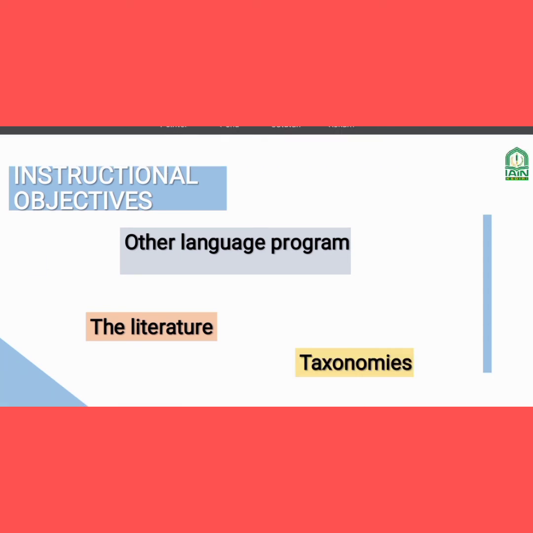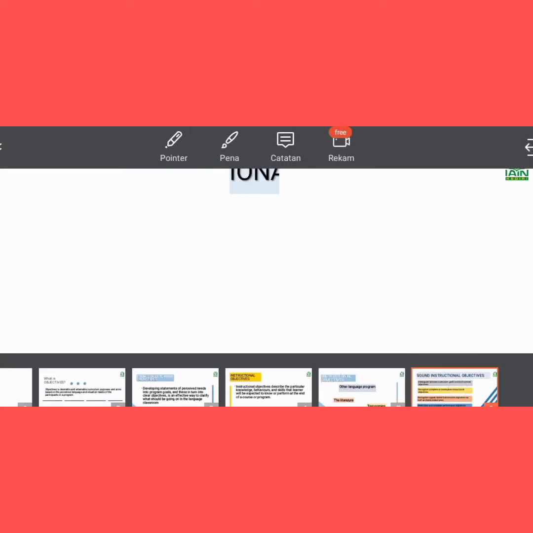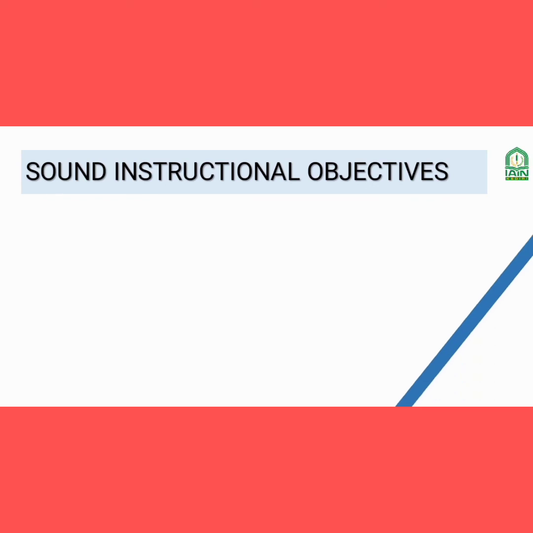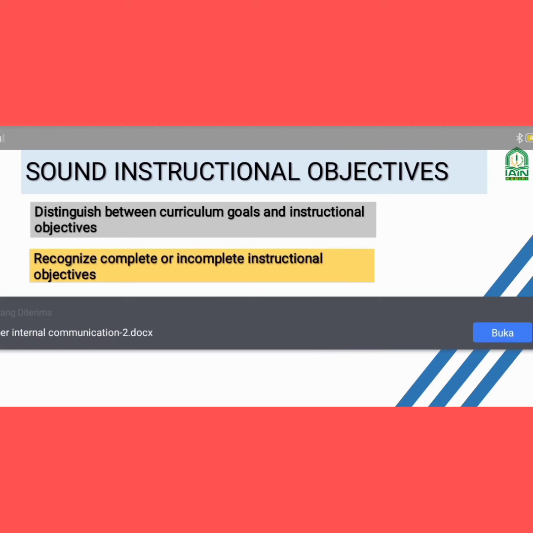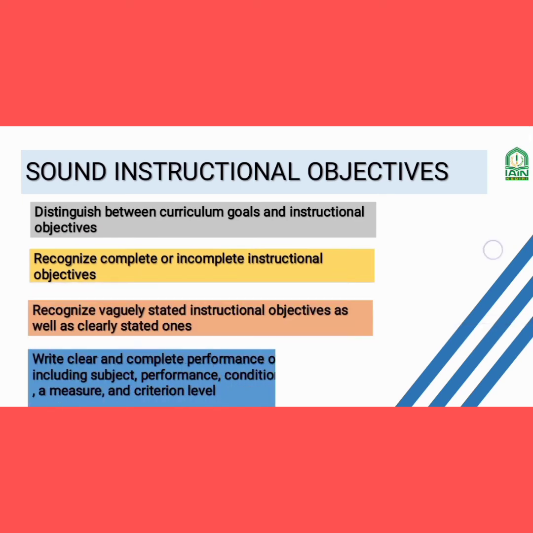And next is sound instructional objectives. Having turned the perceptions of the students' needs into goals and potential objectives, and having organized them on the basis of all available information, the next step for planners is to state them as clear and unambiguous instructional objectives.